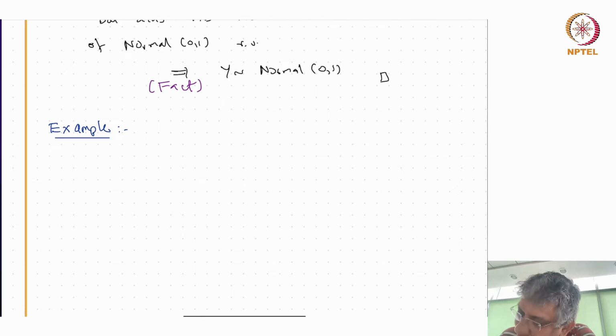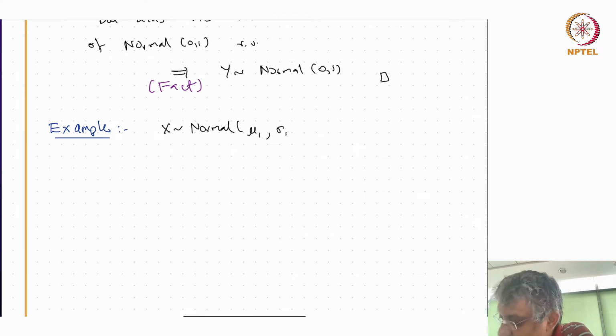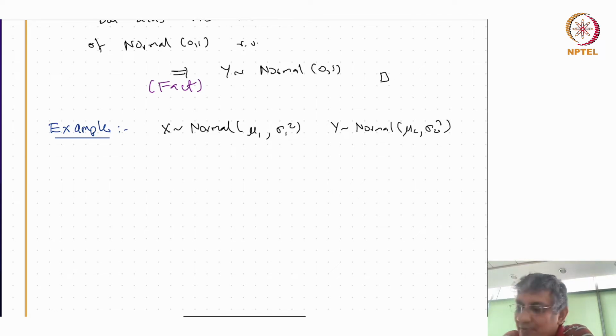Suppose x is normal with parameter, let's say, mu1 and sigma 1 squared. I'm trying to get towards bivariate normal, so that's why I'm using all these terms again. And y is normal with mu2 and variance sigma 2 squared. Let's say x and y are independent.